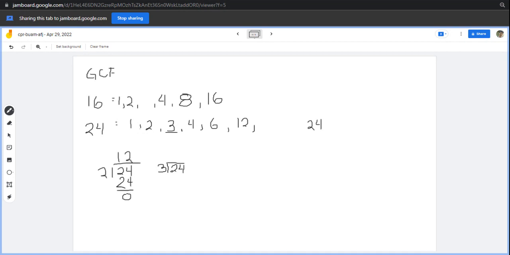No, we're going to divide. So, how many 3s are there in 24? Ilang 3 meron kay 24?